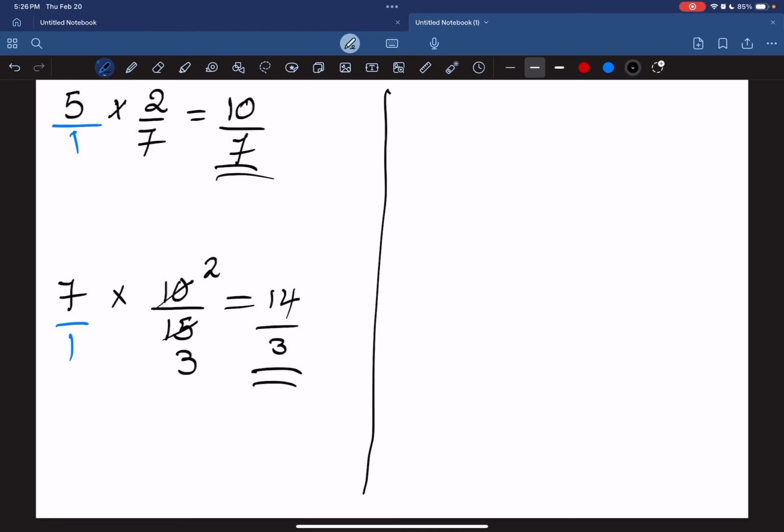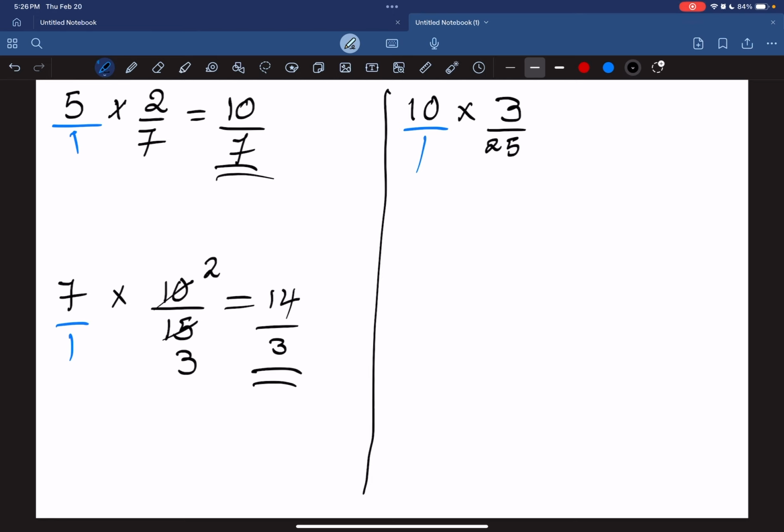Let's look again. If we had 10 times 3 over 25, again make the whole number a fraction by putting it over 1, then do our normal multiplication, but we'll try to simplify first. Can anything be simplified? Yes, the 10 and the 25.